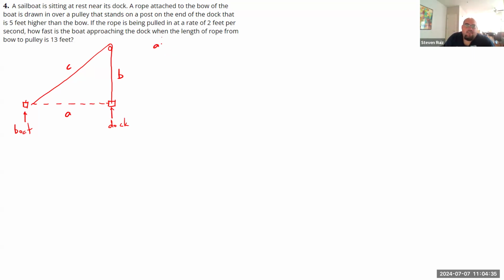We have A, which stands for the distance from dock to boat. And what is that measured in? That is measured in feet.